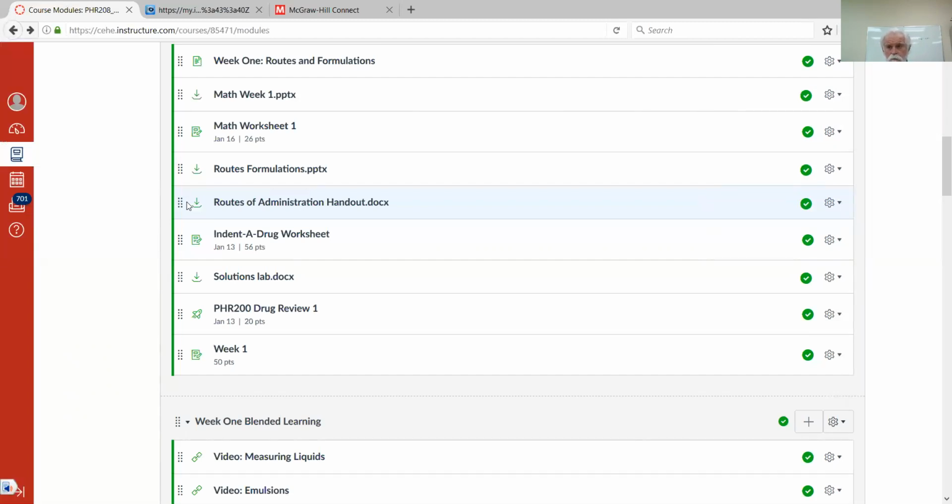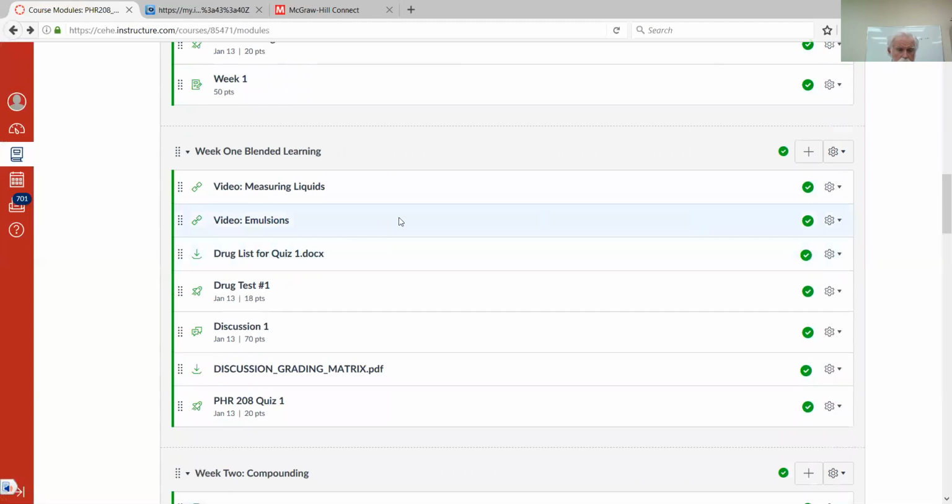Some of that's going to be pretty obvious. Pills, tablets, capsules need to be taken orally. They can't be injected, that sort of thing. Some of it's obvious, some of it not so. So we'll talk about the relationship between routes of administration and the formulations.